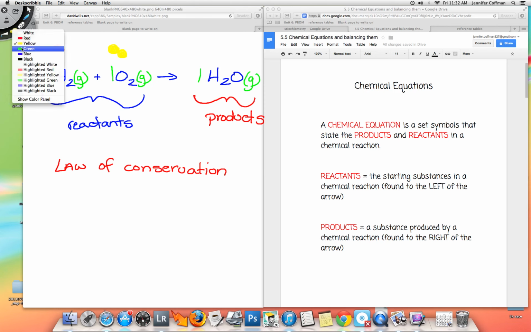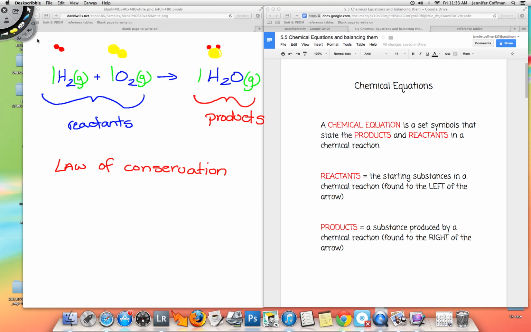If I go to draw the water molecule, now I have 2 hydrogens and 1 oxygen. Well, what happened to this other oxygen atom? It didn't disappear. It can't disappear. The law of conservation tells us the stuff that I have in the beginning has to be the stuff that I have at the end. And right now, I have 2 oxygen atoms, but I only have 1 oxygen atom over here.